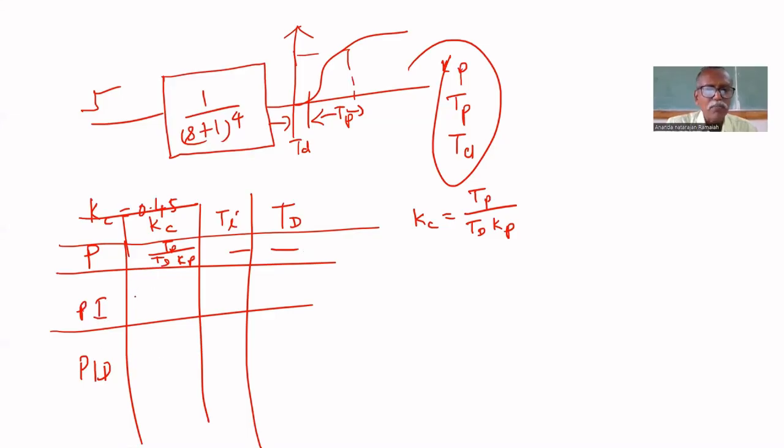For PI controller, Kc is 0.9 times Tp divided by Td Kp, and for Ti, 3.33 times Td.